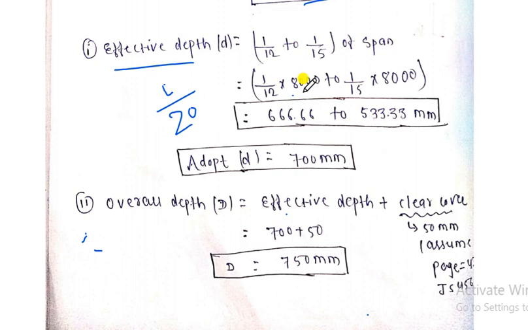Ultimately the values come to 666.67 and 533.33. From that I have taken the rounded value as 700 mm. You can take it 650 or 670 depending upon your design requirement. So I have taken 700 mm as usual for the T beam.